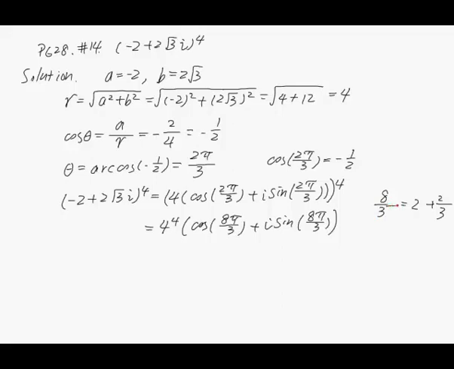Now let me just multiply both sides by pi. And then you have 8 pi over 3 is equal to 2 pi plus 2 pi over 3. So now we can throw away this 2 pi because both the cosine and the sine have the 2 pi as the period. So this guy is equal to 4 to the fourth power of the cosine of 2 pi over 3 and plus I times sine of 2 pi over 3.